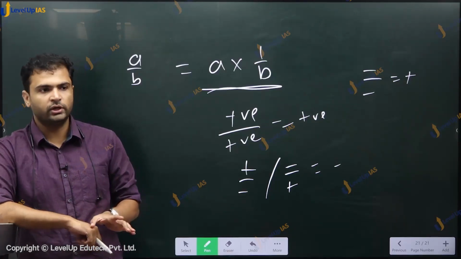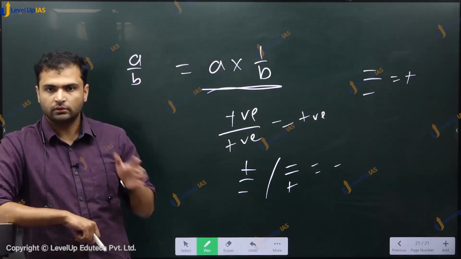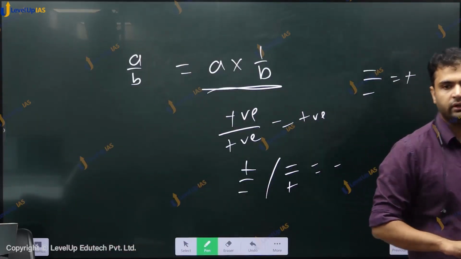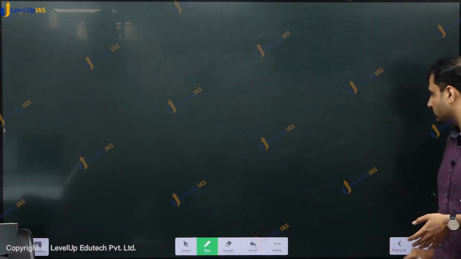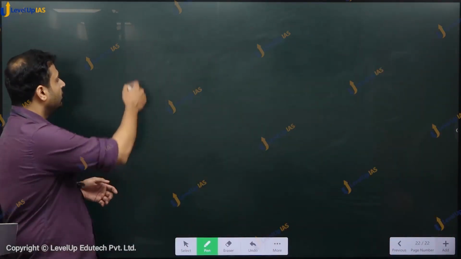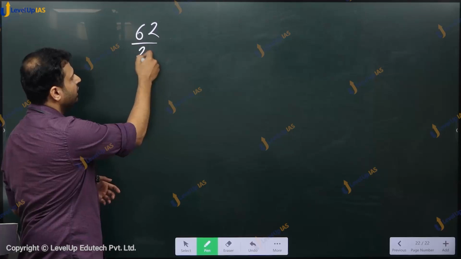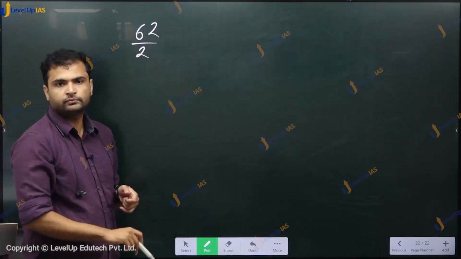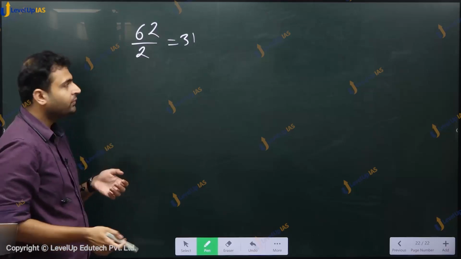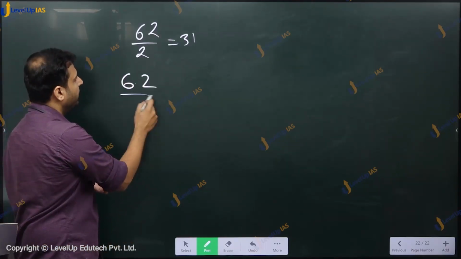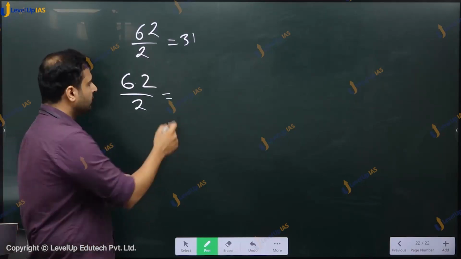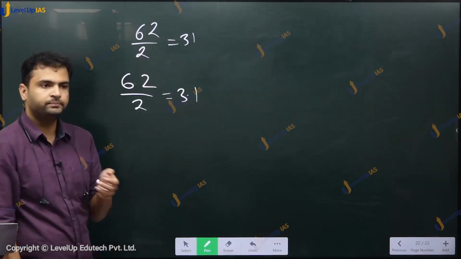Let's see division of decimal points. Should we just go ahead and see how to divide two decimal numbers? Now, what is the answer for 620 divided by 2? 310. What is 6.2 divided by 2? 3.1.